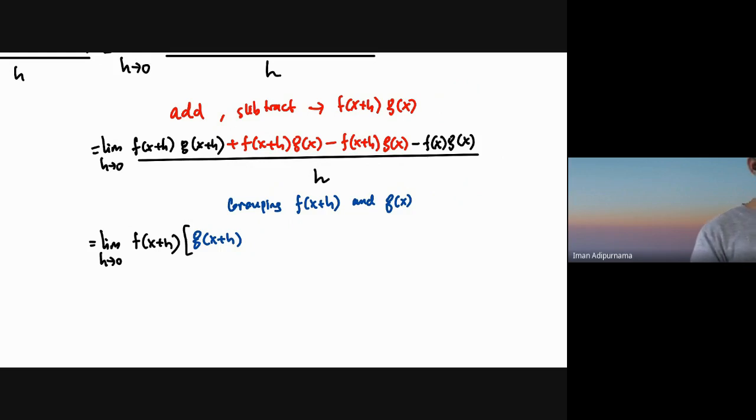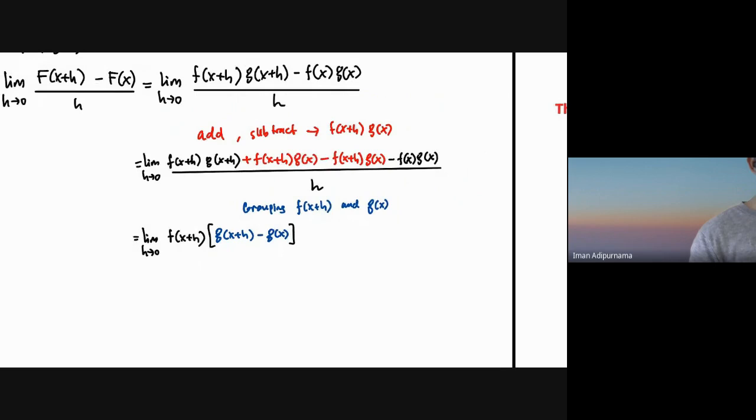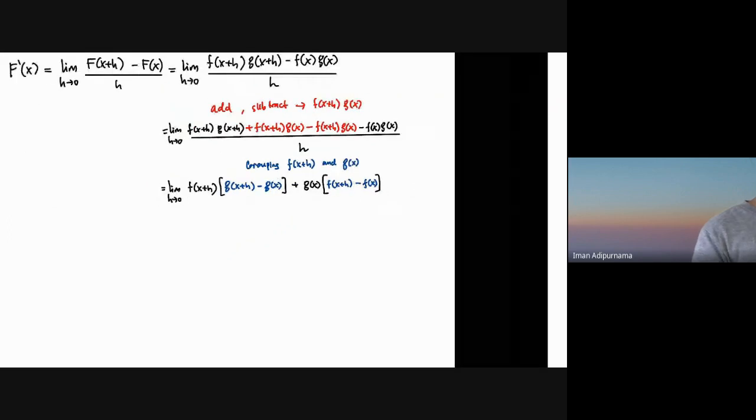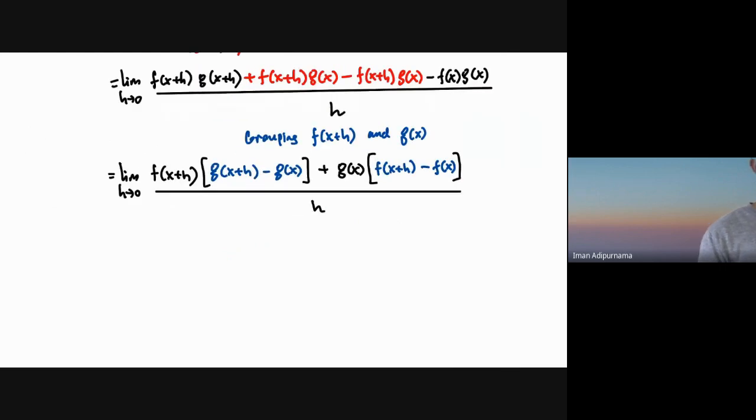So this one should be with the minus one, so this should be minus g of x, and plus, okay.